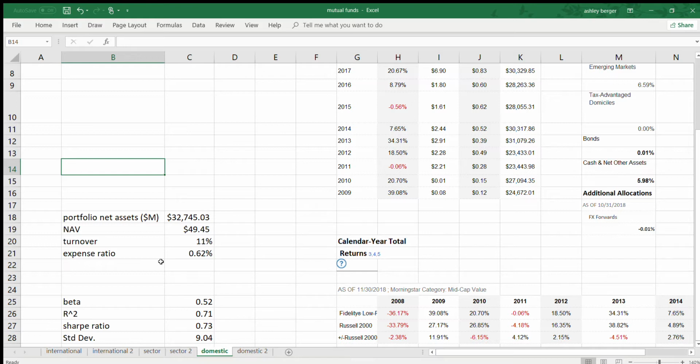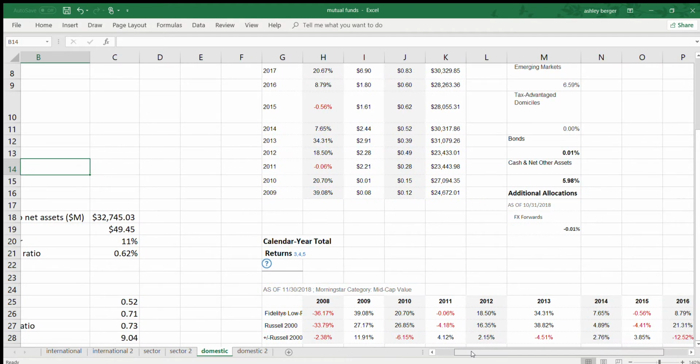It had a net asset value of $49.45, which again was also a lot higher. The turnover rate's 11%, which is the lowest turnover rate we've seen so far, and an expense ratio of 0.62%. The beta is 0.52, the R squared is 0.71, Sharpe ratio is 0.73, and the standard deviation is 9.04.